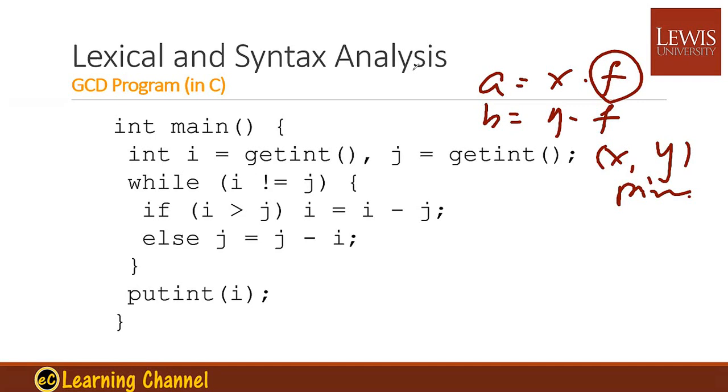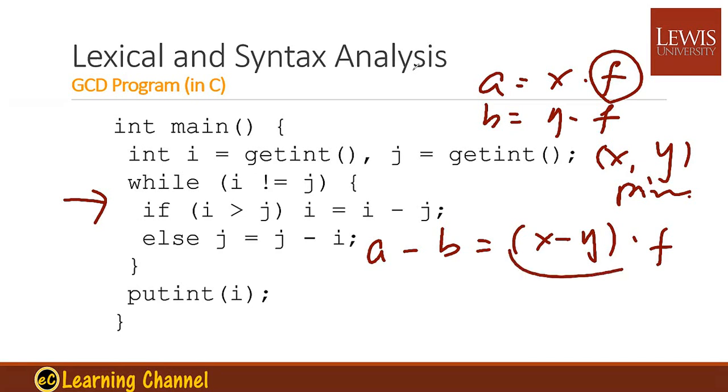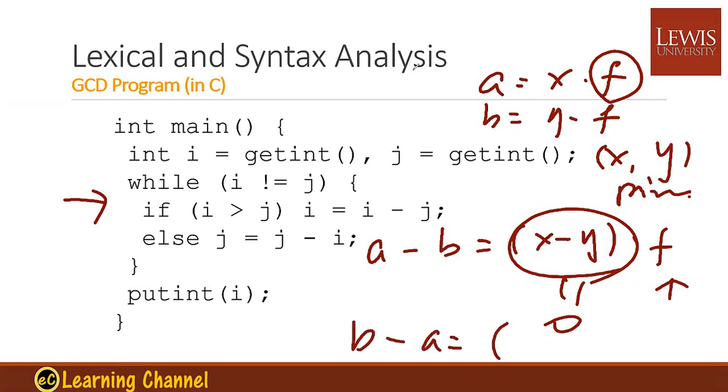So this algorithm will work because if you look at it, a minus b would be equal to x minus y times f, right? So it's still a multiple of f, if this one is not zero. Or b minus a equals y minus x times f, still a multiple of f.